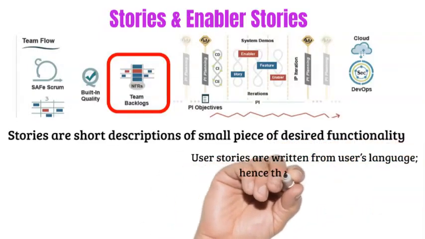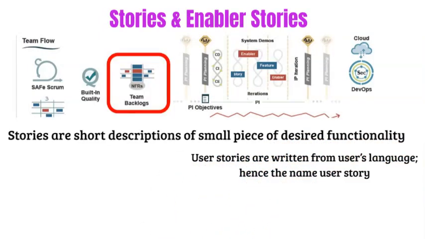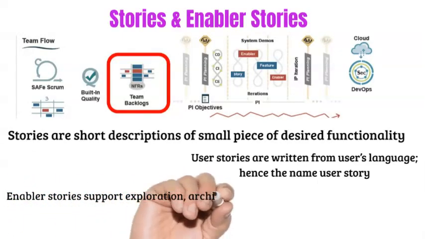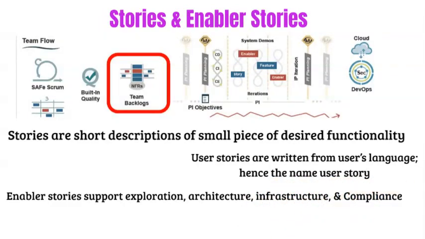User stories are written in the user's language, hence the name user story. Whereas enabler stories could be technical in nature. Enabler stories support exploration, architecture, infrastructure, compliance, and anything and everything technical in nature can be considered an enabler story. Even the non-functional requirements are part of enablers.